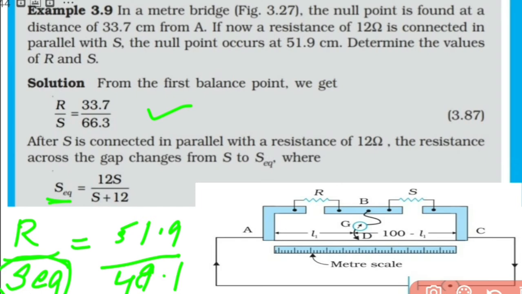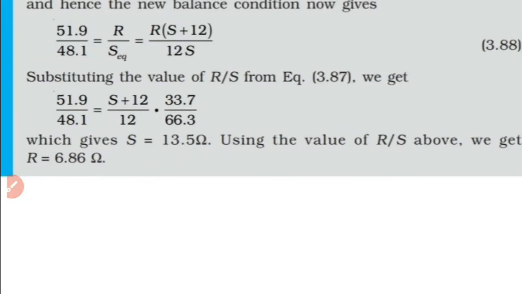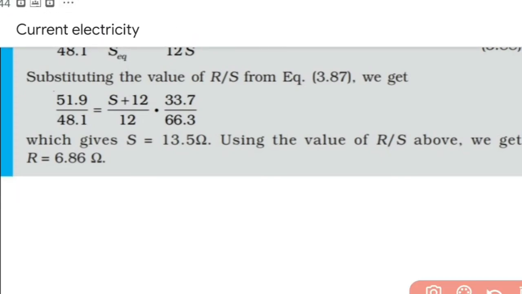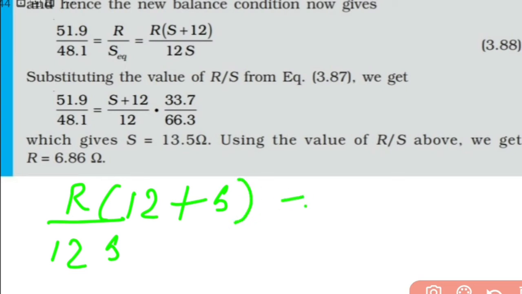That you have to substitute in this equation, then solve the two equations and get R and S. So when we substitute for S equivalent, R divided by 12S divided by 12 plus S, the 12 plus S goes to the numerator. That is equal to what?